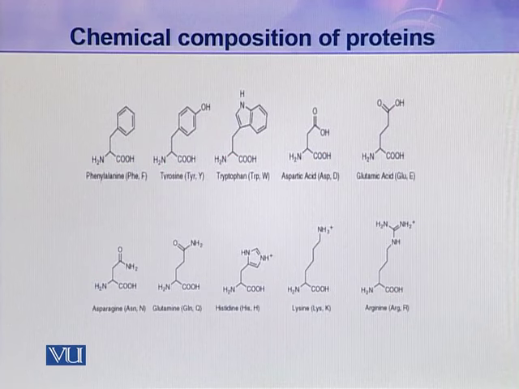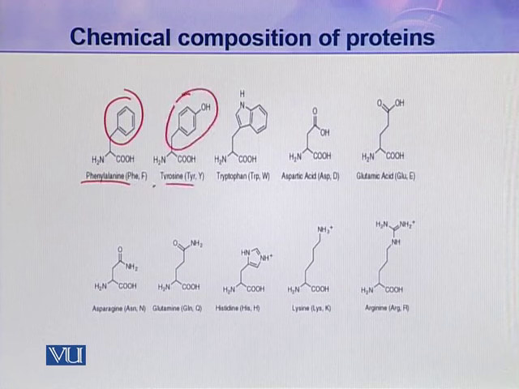Then there are some other amino acids like phenylalanine. Phenylalanine also contains this phenyl group. Then tyrosine, also a similar one. Then tryptophan and aspartic acid and glutamic acid. These aspartic acid and glutamic acid are charged amino acids, and these are negatively charged amino acids.